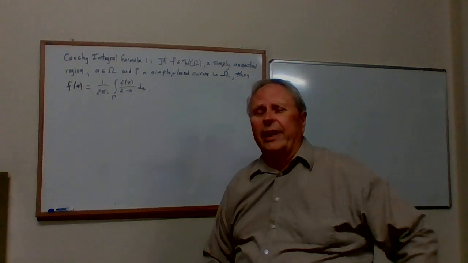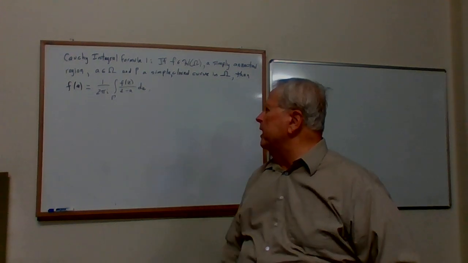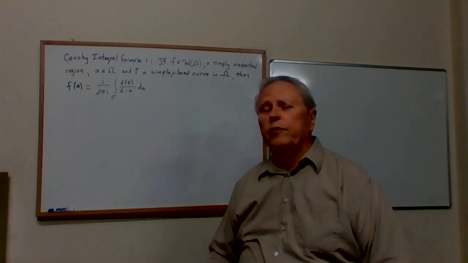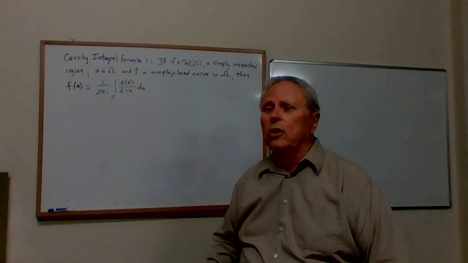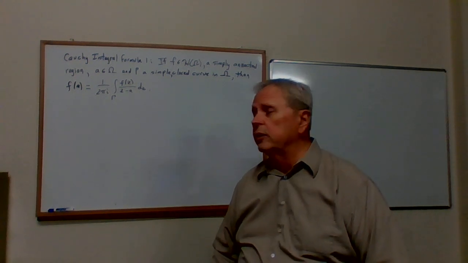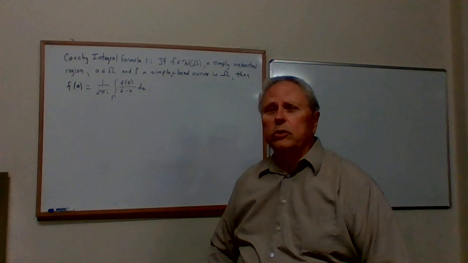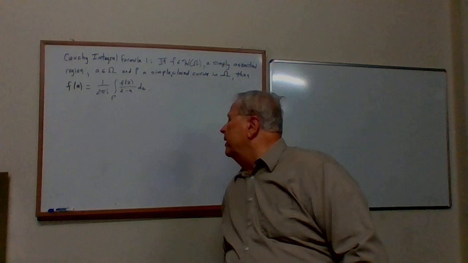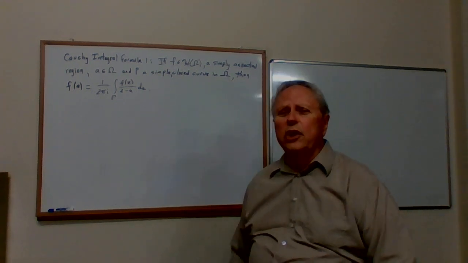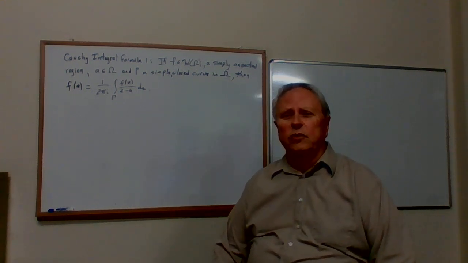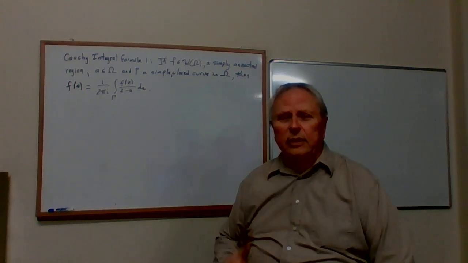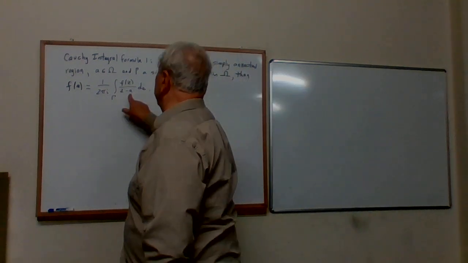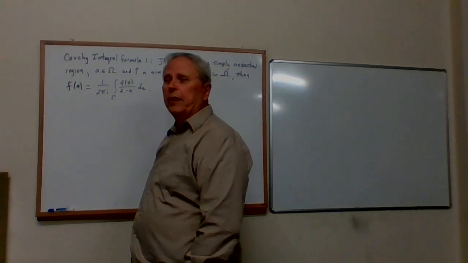If I wanted to integrate anything that looks like f of z over z minus a, and if the numerator is a holomorphic function, now obviously the whole thing is not holomorphic at a because you've got z minus a in the denominator, but if the numerator is holomorphic and I want to integrate f of z over z minus a, then all I have to know is the function value at one point in omega, and that tells me what the integral is, because the integral will be 2 pi i times f of that point.